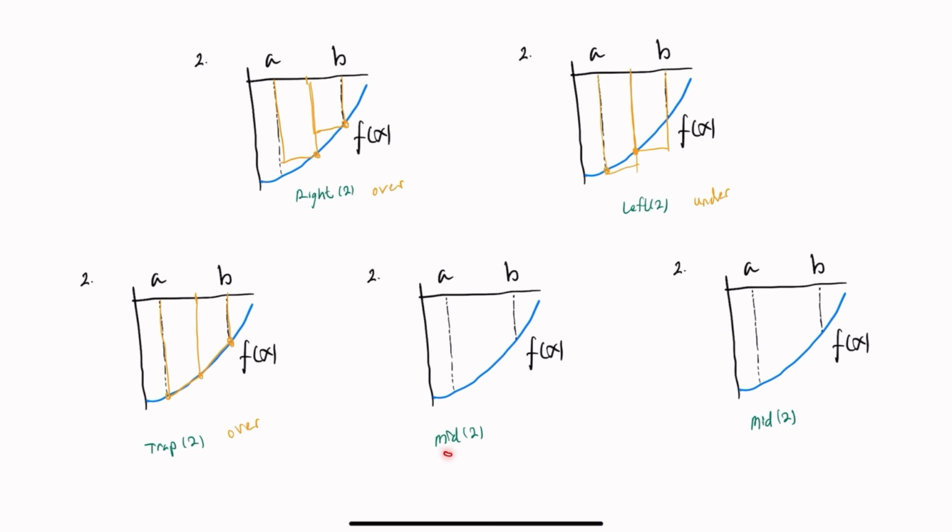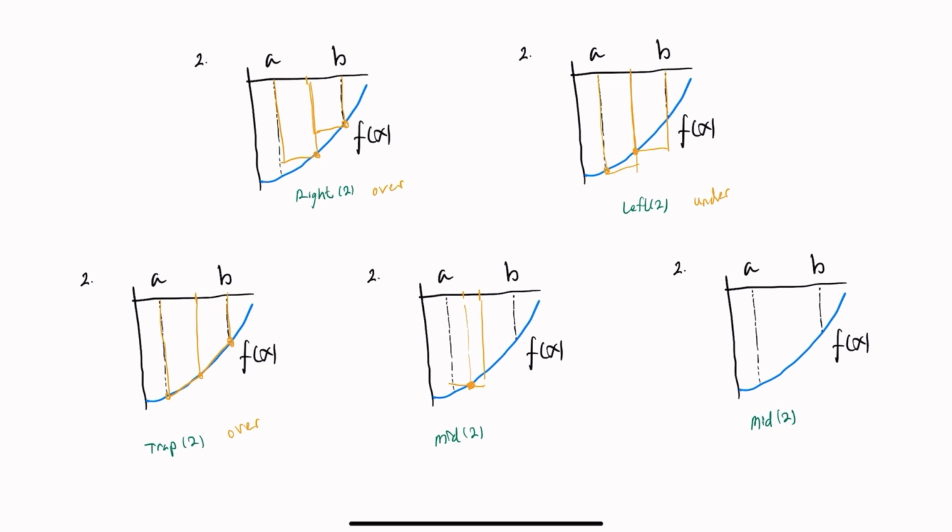Now let's move to draw mid of 2. This is the first way, so I'm gonna mark the midpoint in the interval. And remember, mid of 2, so mid means I'm gonna go to the rectangle and then I'm gonna choose the midpoint in the rectangle. So this is the first point in the rectangle. I'm gonna go there until I hit the curve, and then I'm gonna draw a straight line in here.